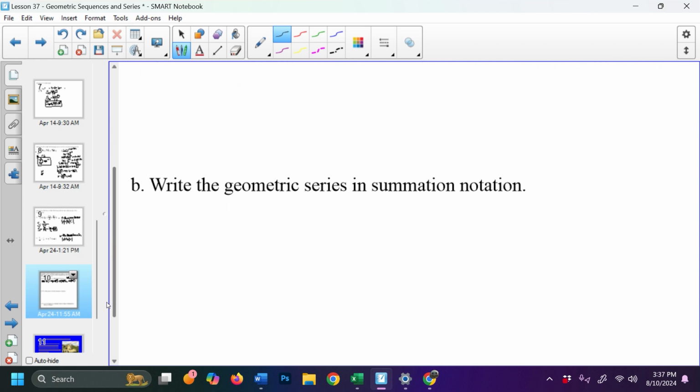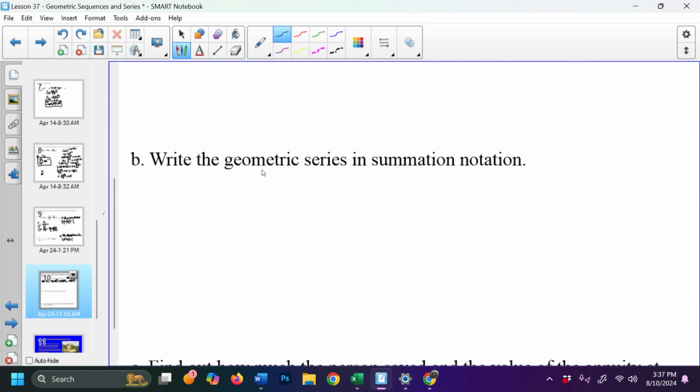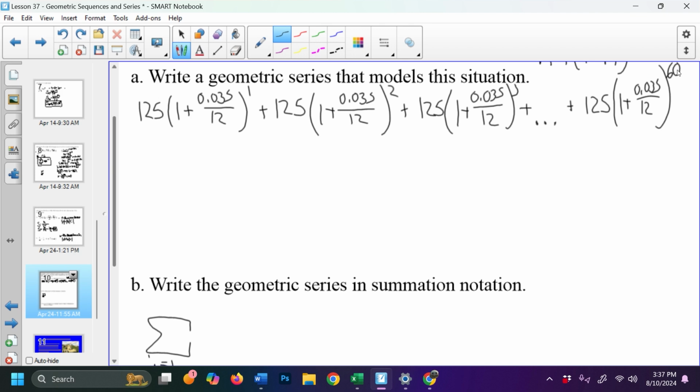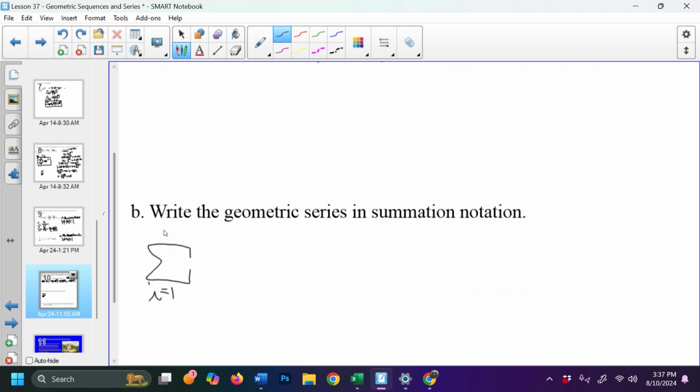All right. Now, it wants me to write the geometric series in summation notation. Okay, well, sum, and we'll use i equals 1. And we already know that there are 60 terms in here, so my upper bound will be 60.